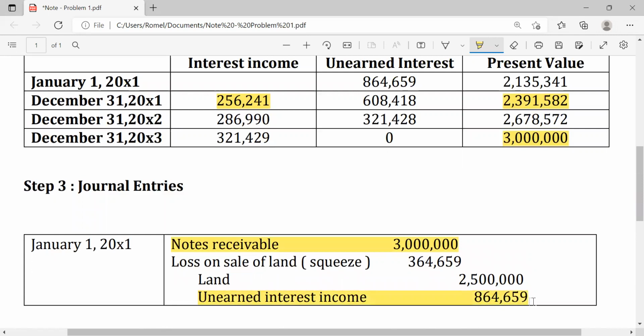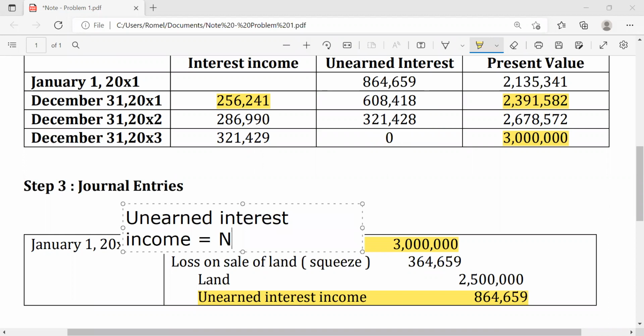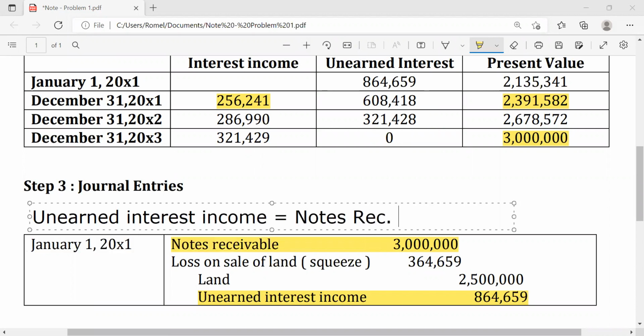864,659. So in case that you're curious, paano natin na-compute ang 864,659? So take note that unearned interest income is equals to notes receivable minus the present value of the note.